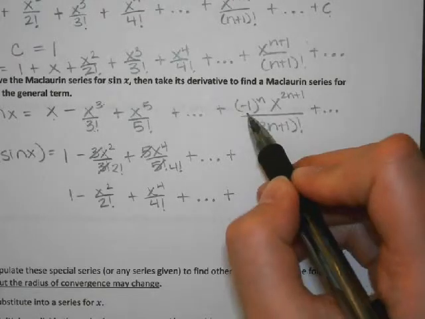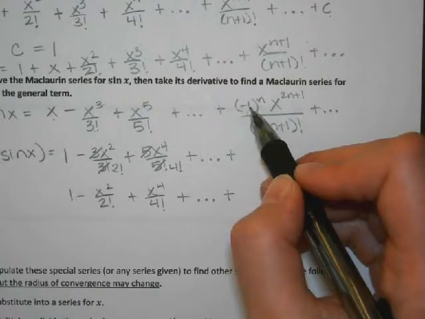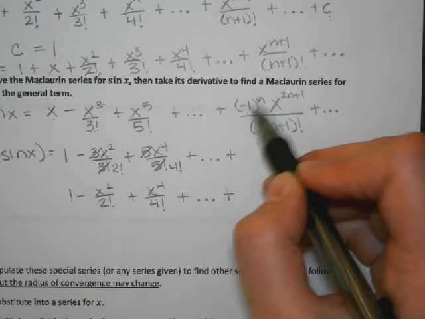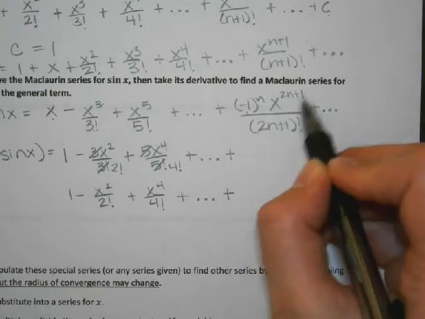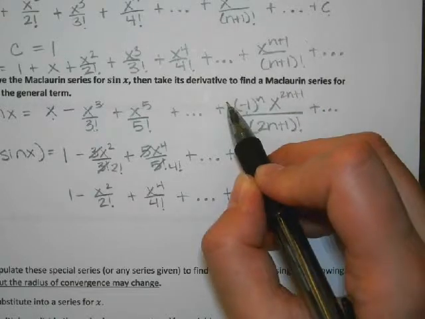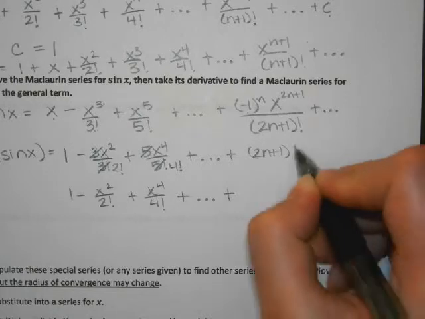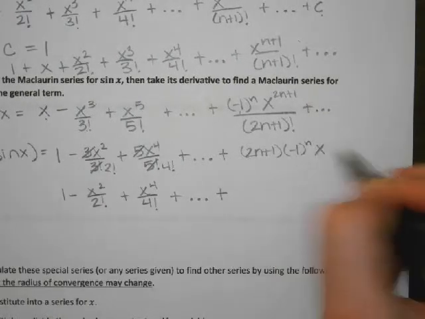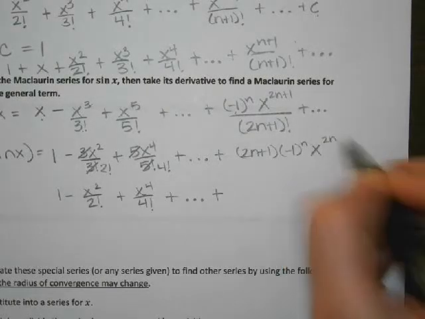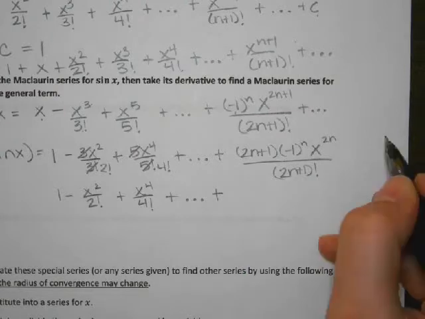So this is going to act like a coefficient, so we don't have to mess with that when we do our derivative, okay? The -1 to the n acts like a number that's in the front. So all we have to do is take our exponent and move it to the front, right? So 2n plus 1, and then I'm going to keep the -1 to the n because that's kind of like a coefficient. x to the 2n, divided by 2n plus 1 factorial.